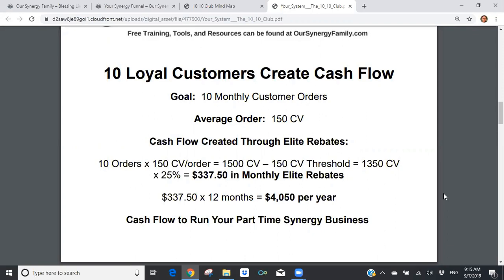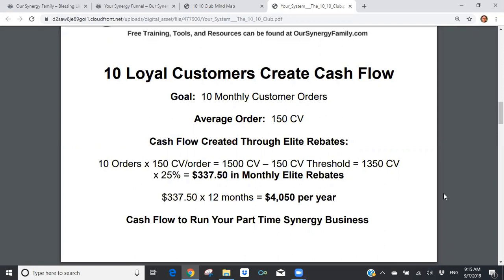Take that 17 and multiply it by 12. My customer base that I've been able to create in Synergy Worldwide creates for me over $20,000 in cash flow to operate my Synergy business.